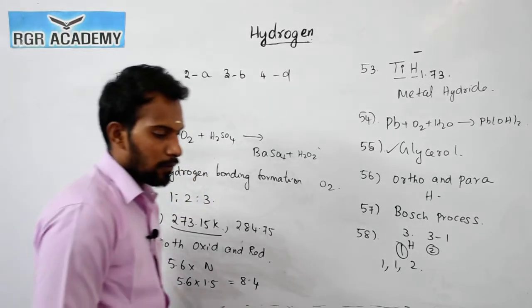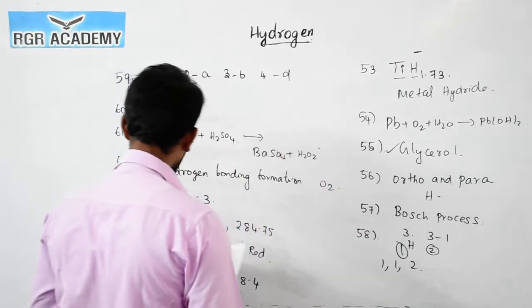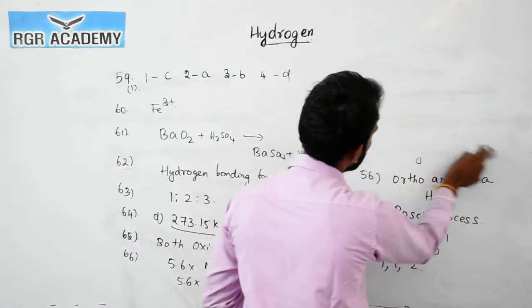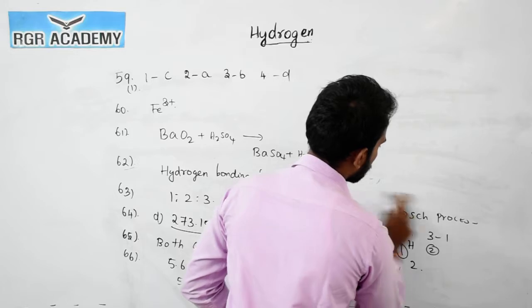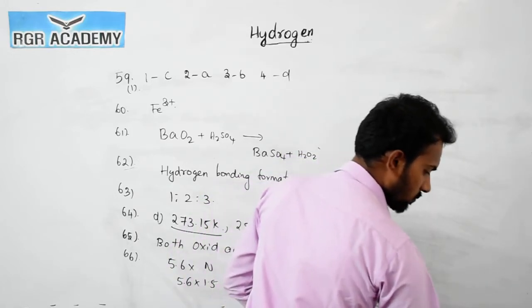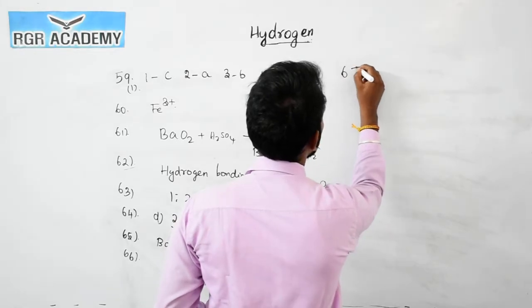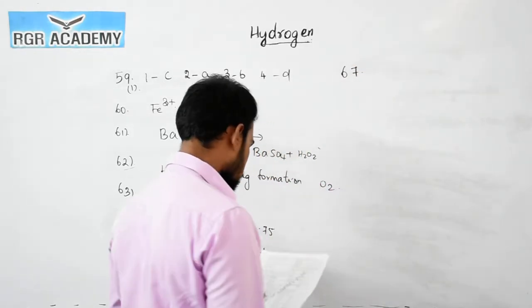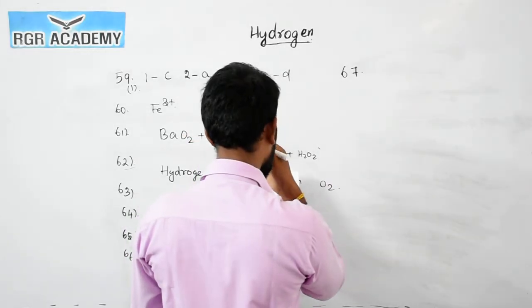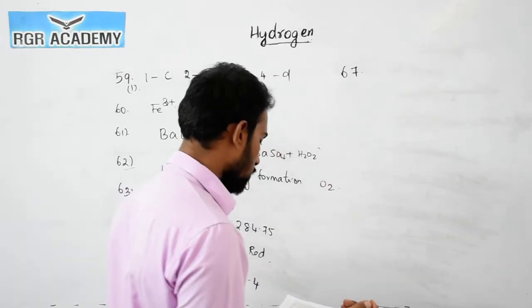Now let us discuss question number 67. The volume of oxygen liberated from 0.68 gram of H2O2.